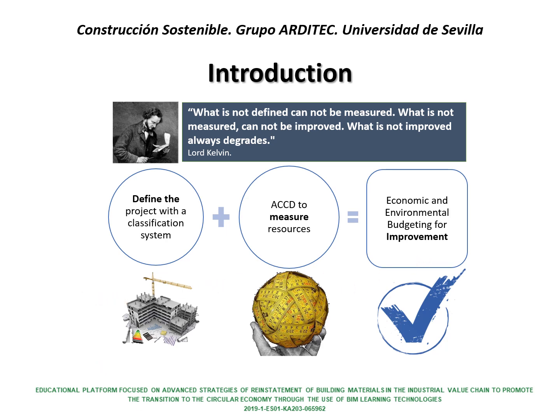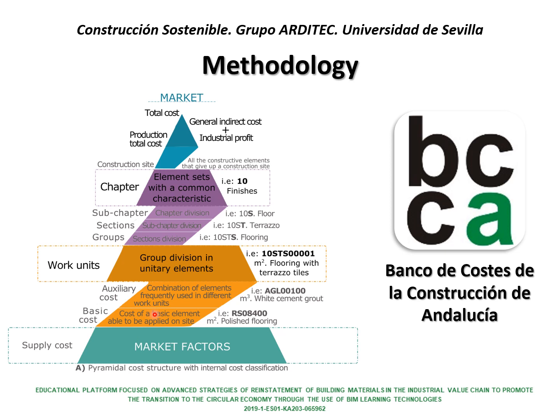In the south of Spain, we have worked for the last 30 years in a classification system that has this pyramid structure, where at the base of the pyramid are the market factors, and those are taken into account for the fluctuation of the steel prices or the workforce availability, and then all those costs are transformed into a general classification.